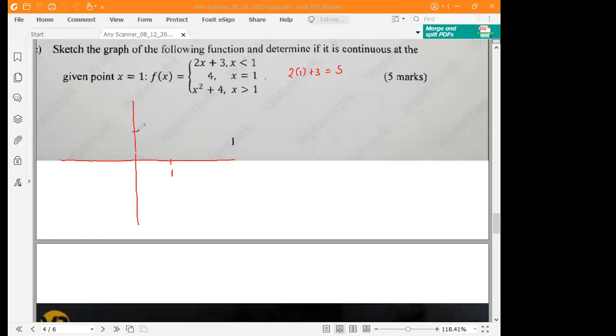So 1 comma 5. So when x is 0, we get 3. So it means that the line goes like that. Of course, x is minus 3 over 2 if you get 2x plus 3 is 0. And then when x is equal to 1, we're getting a 4.